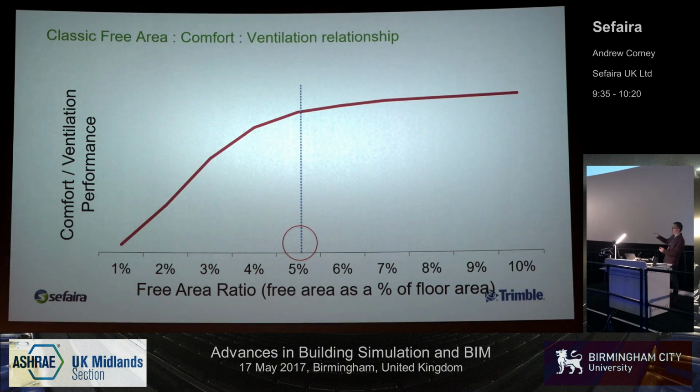But if you have less than 5% free area, depending on the climate and depending on other building design factors, you're probably going to see ventilation performance and comfort performance start to drop off quite dramatically. So anecdotally, 5% is roughly the amount that codes and standards have decided most buildings in most climates where we're having natural ventilation would see an effectively good enough outcome for free area performance on a building.